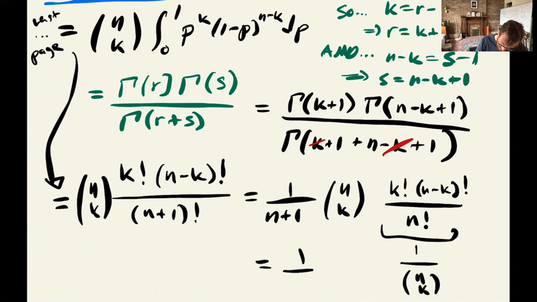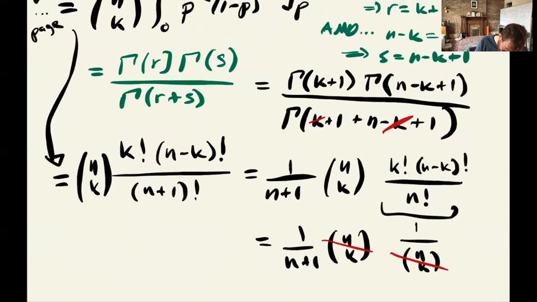So this ends up equaling 1 over n plus 1 times n choose k times 1 over n choose k. These guys end up canceling, and my integral simplifies to 1 over n plus 1.